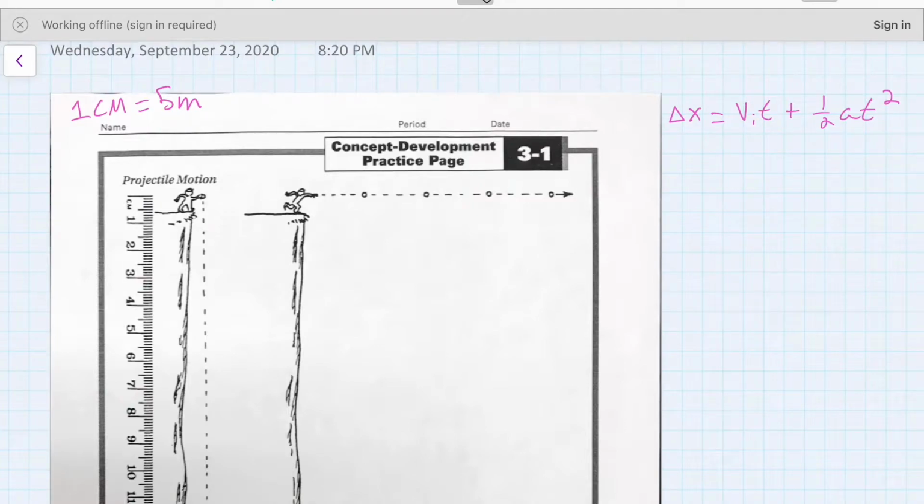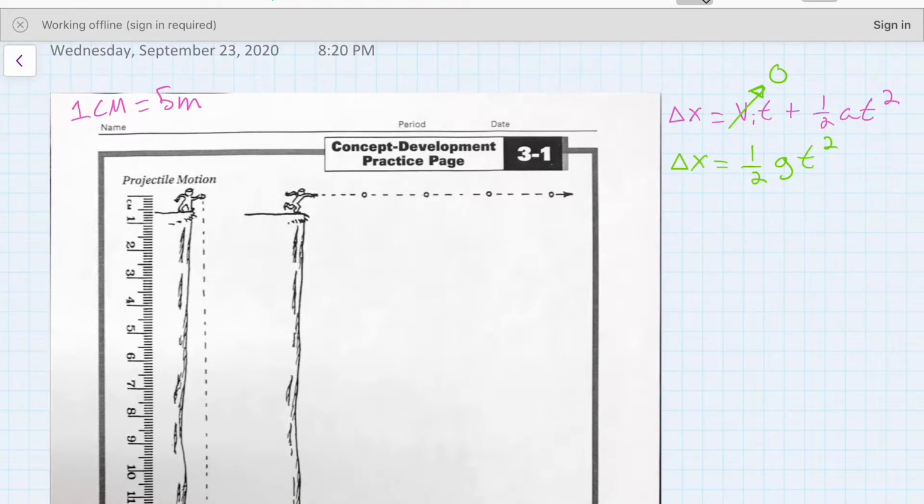But we can simplify this a little bit more, because if this ball is dropped, that means the initial velocity is actually 0, so that whole term is 0. So we're left with delta x, or the displacement, is equal to 1/2 times g multiplied by time squared.